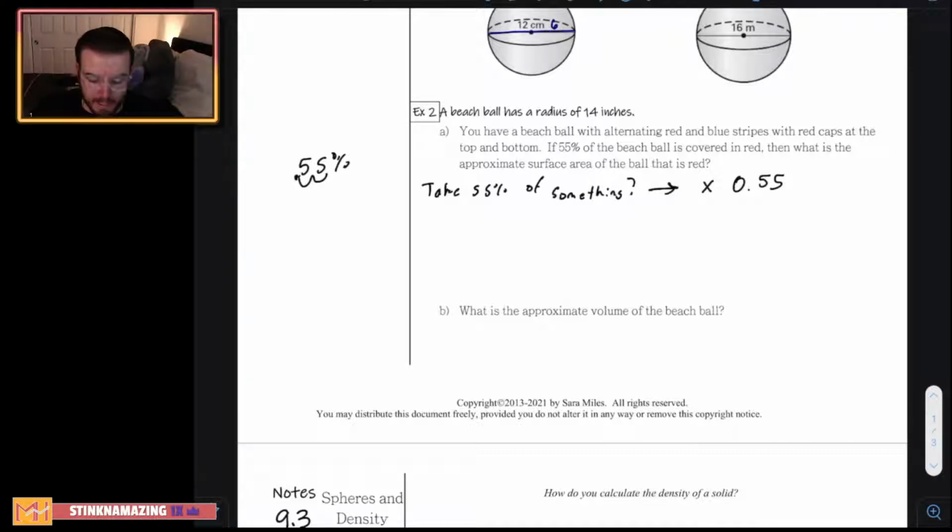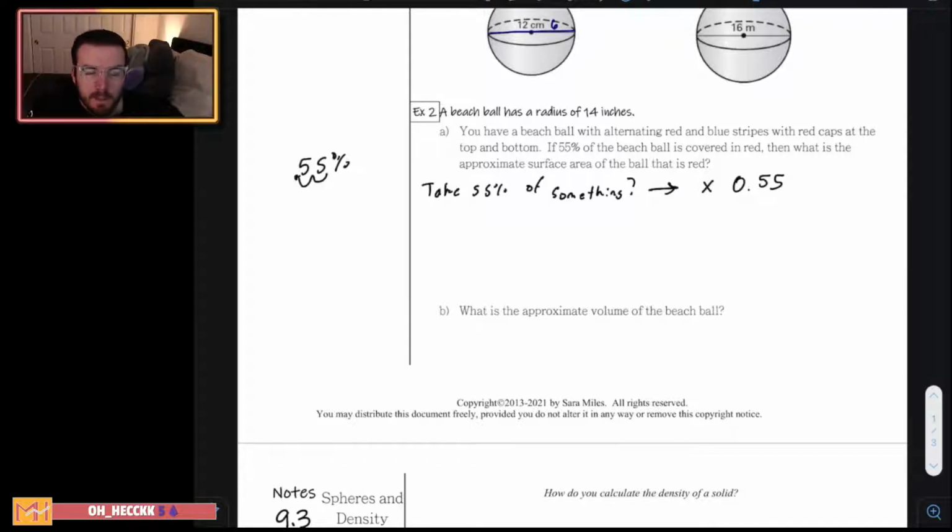Okay, I don't know if you could tell, but I paused it there for a second. So we take 55%, 0.55. So if we can find the surface area of the entire ball or the volume of the entire ball, whichever, right? And if only 55% of it is being used, then you multiply by 0.55 to find 55%.